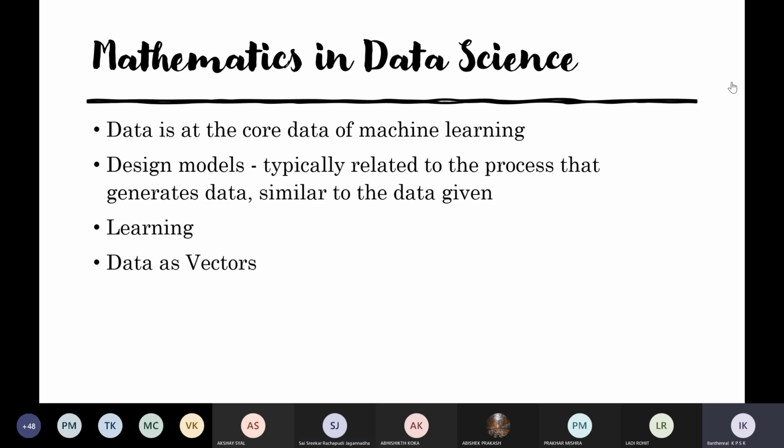What is the thing that you're learning newly? That's what I'm saying, ma'am. So let us learn it newly, in Python or in R, whichever we are comfortable with. Okay.